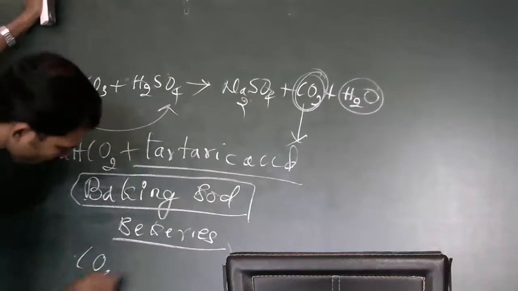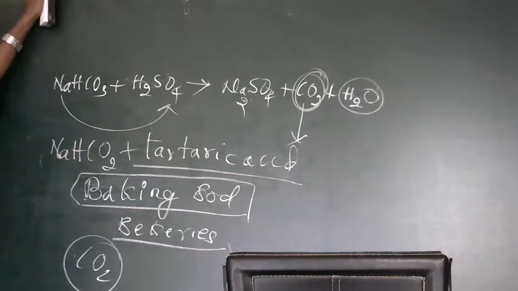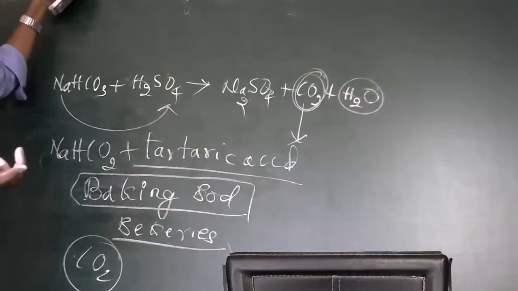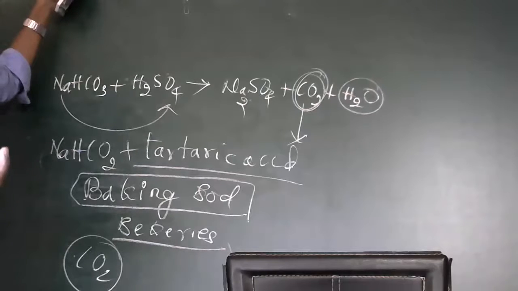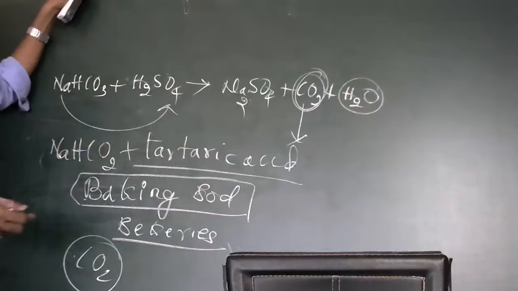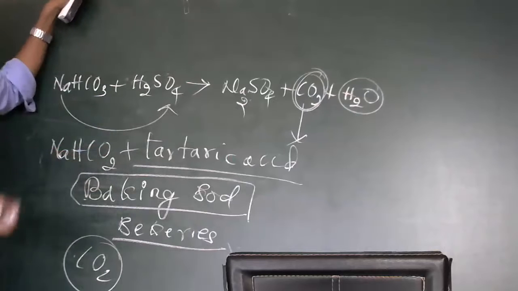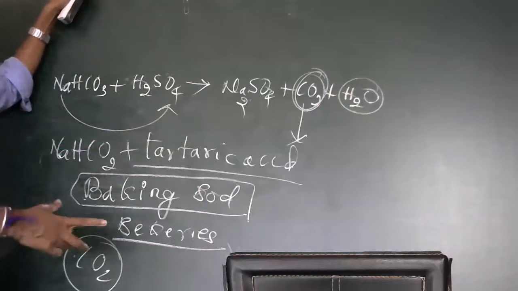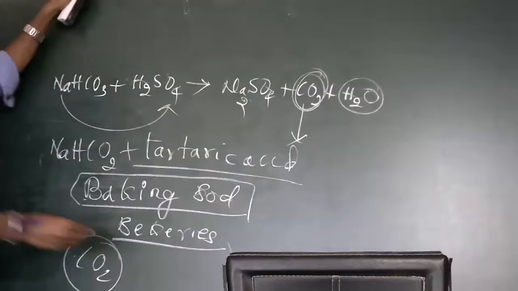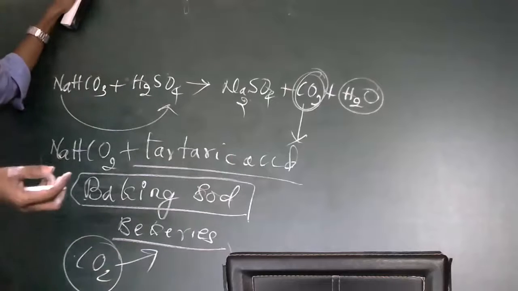Carbon dioxide is produced during this reaction. Bread and puffs are made from dough. In the dough they put baking soda, the reaction happens, and carbon dioxide is produced in the dough.